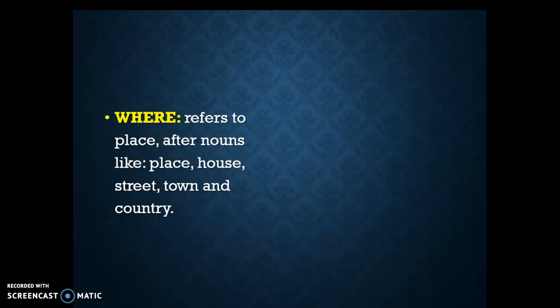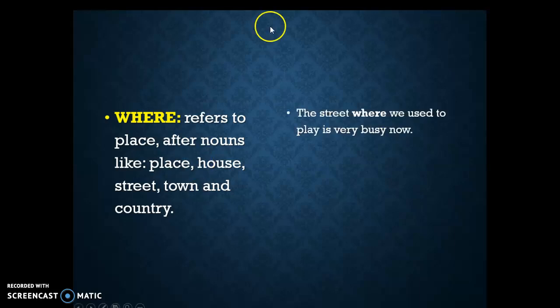For example, we use where when we refer to places after nouns like place, house, street, town, and countries. Here we have an example. The street where we used to play is very busy now.